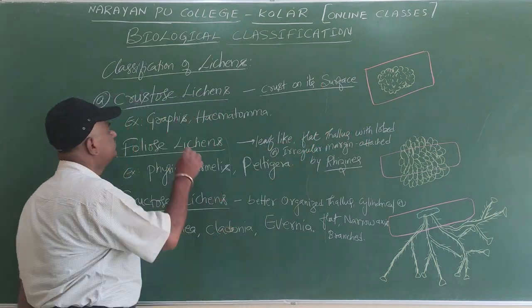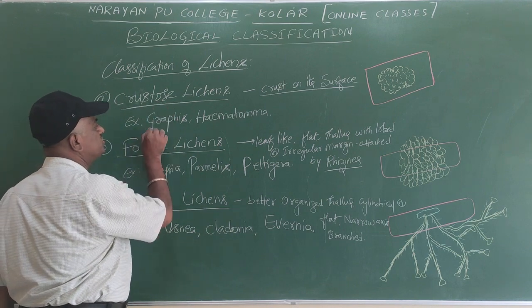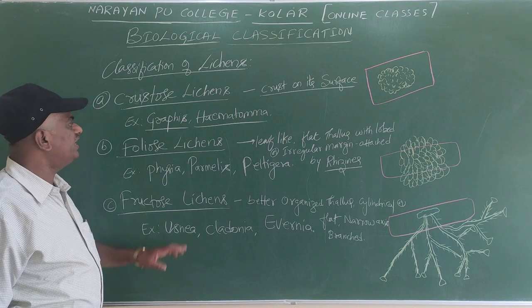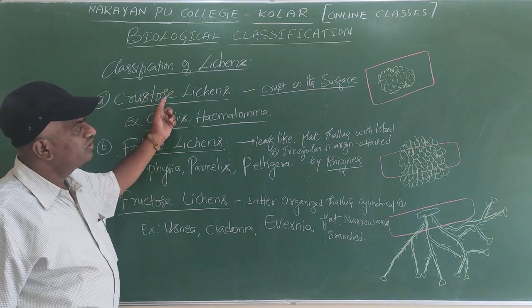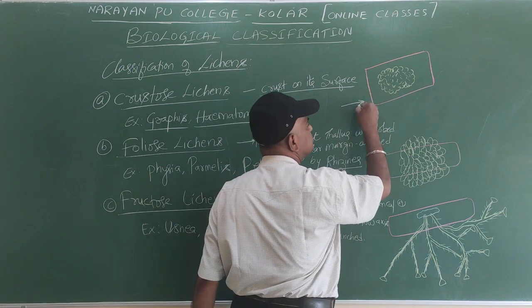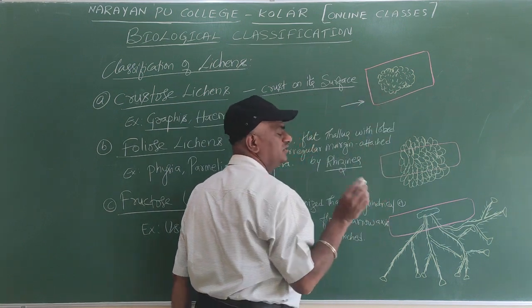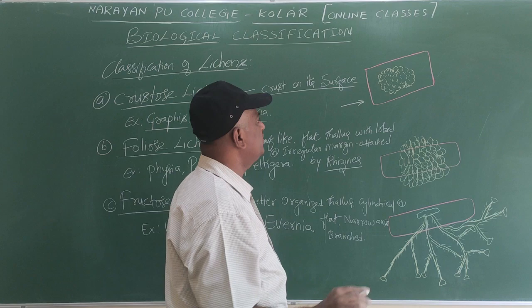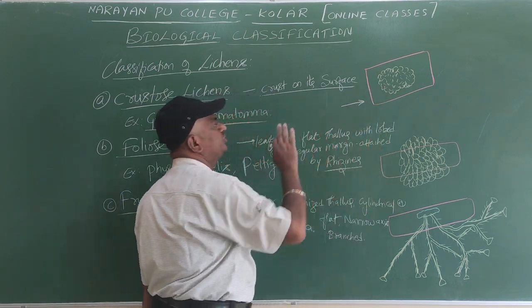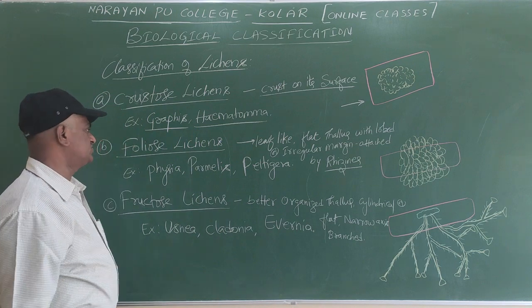The example for crustose lichens is Graphis and Haematomma. They form a crust on the surface of the bark or on the outer surface of plant bodies, attached to it. This is usually called crustose lichens.